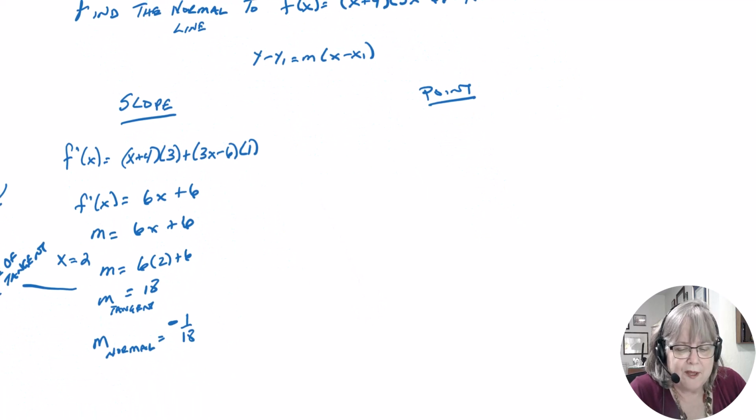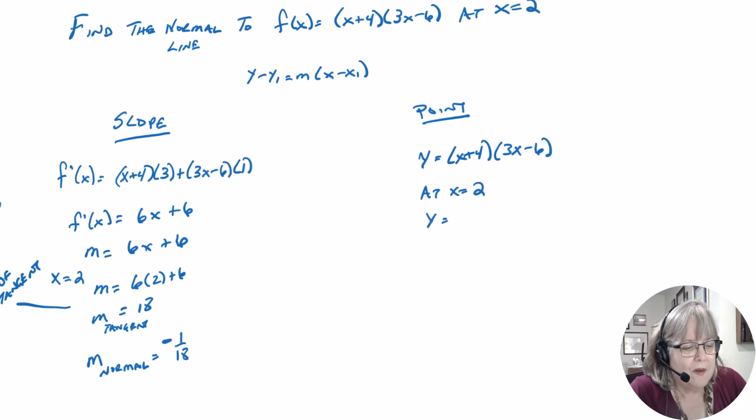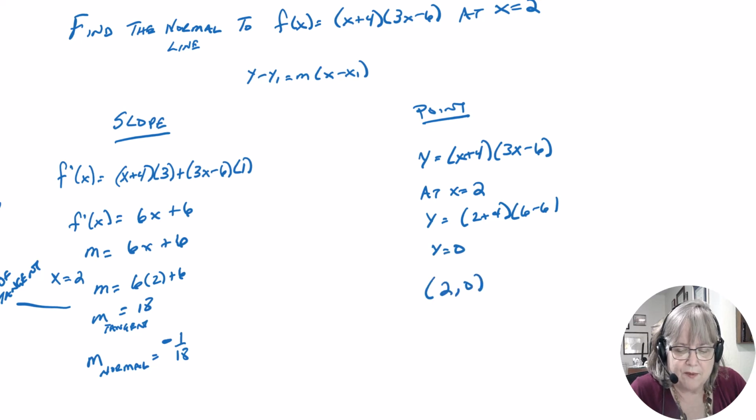And for the point, we're just going to use that original function. At x is 2, y turns out to be (2 plus 4) times (6 minus 6). So y turns out to be 0. So your point is (2, 0).